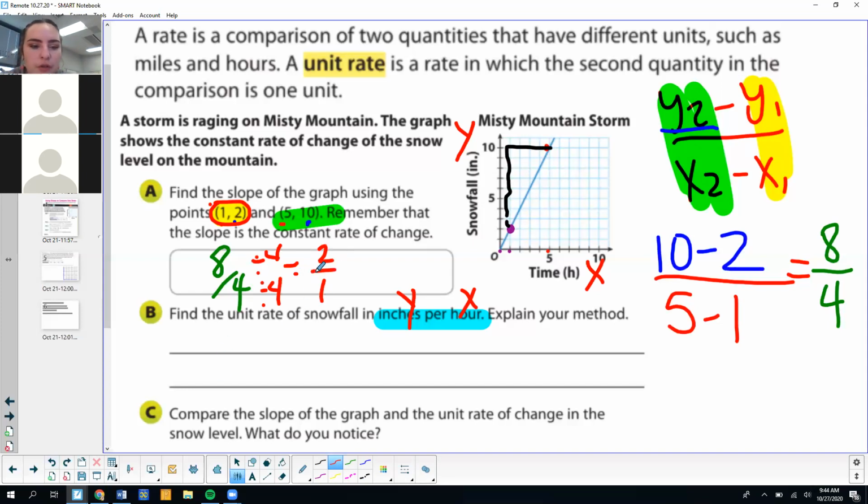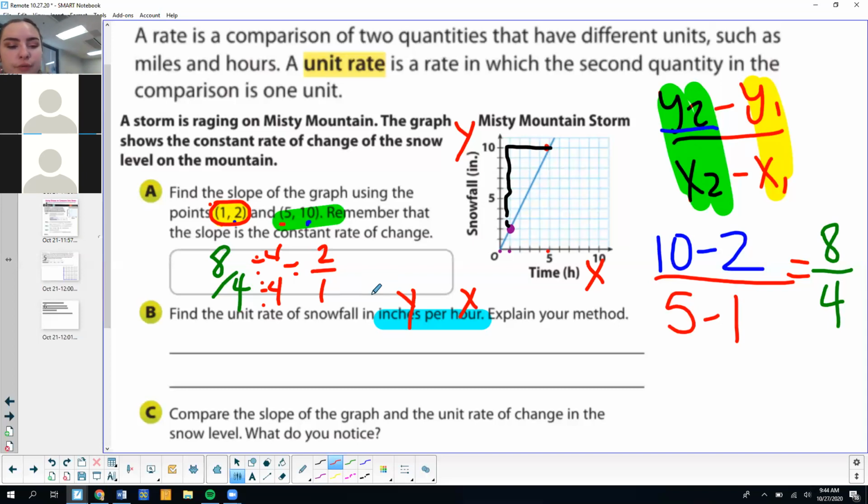So the unit rate of snowfall in inches per hour. Remember, time is in hours, so that's X. Snowfall in inches is Y. So inches is on top, per hour is on bottom. So this means that at 2 inches every 1 hour, that's what the rate is going to look like.